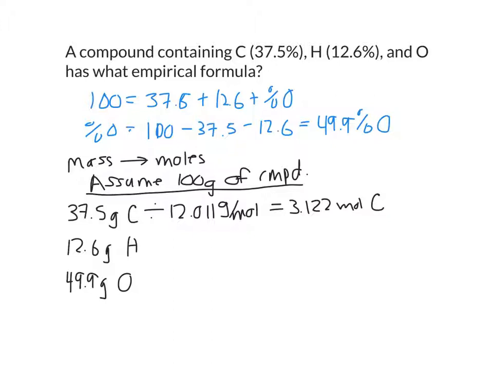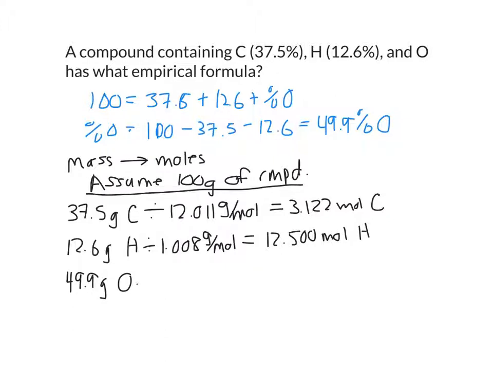If I do the same thing for the hydrogen, taking into account the fact that the molar mass of hydrogen is 1.008 grams per mole, I will find that I have 12.500 moles of hydrogen.